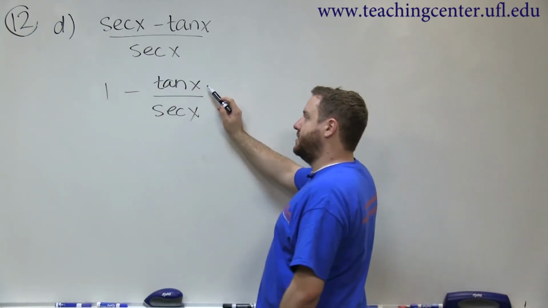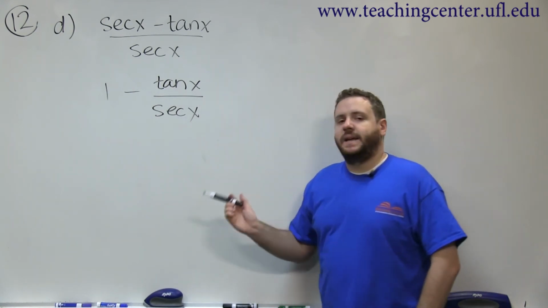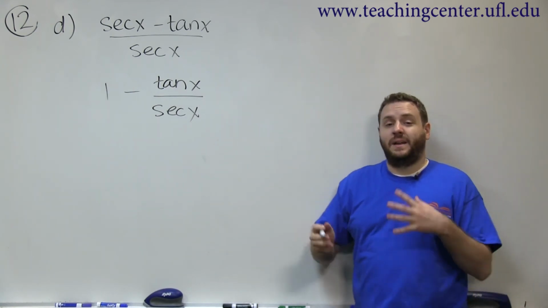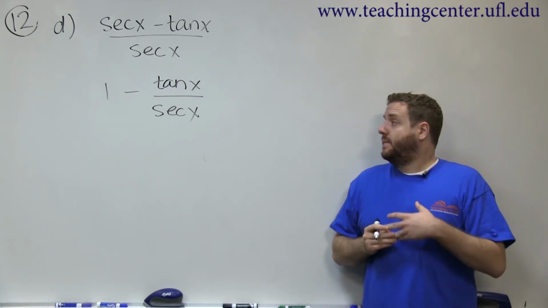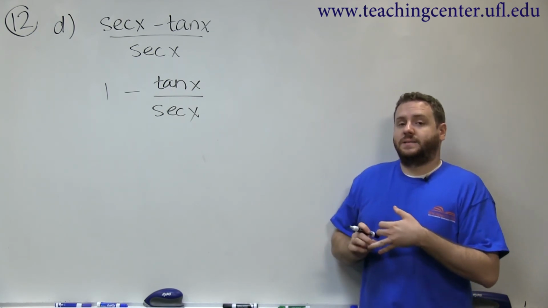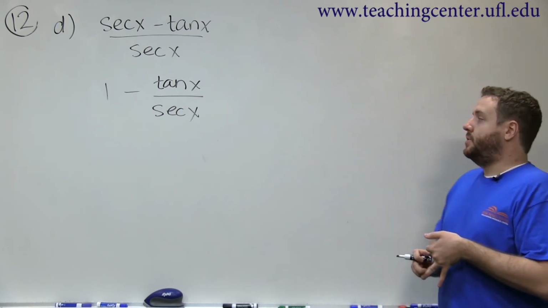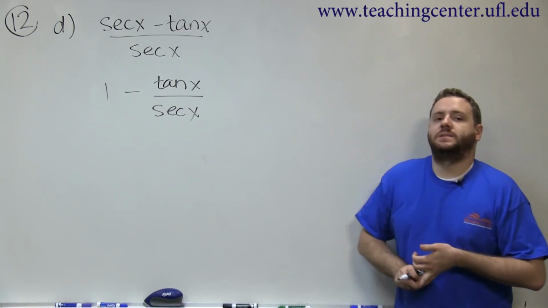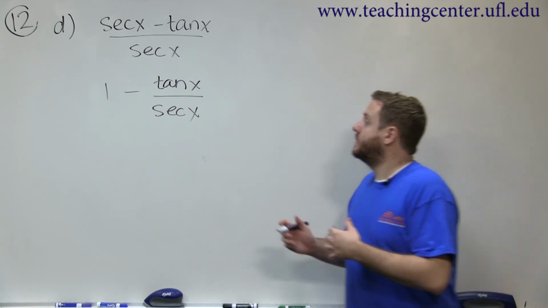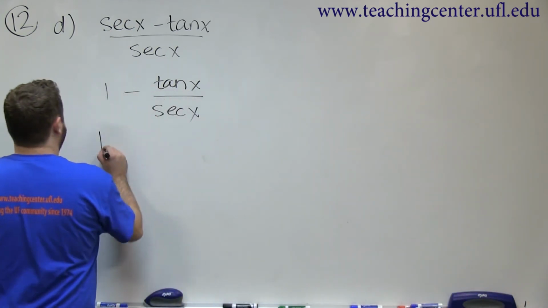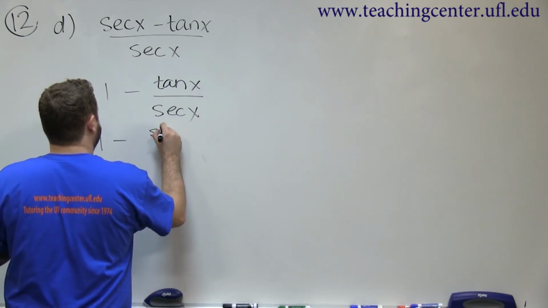So that's one step, and we're a little bit closer to answering the question. We still have a fraction here, though, tan x over secant x. And tan x divided by secant x is not any of your derivative identities for trig functions. So you can't really do this as stated. So what we're going to try to do is break down tangent and secant into sines and cosines and see if we can get anything to cancel out. So tangent is sine x over cosine x.